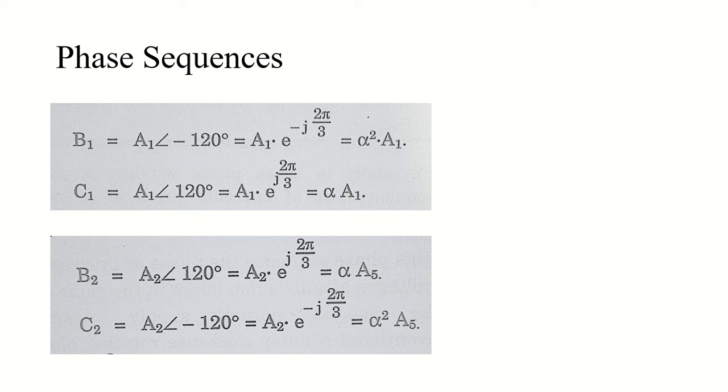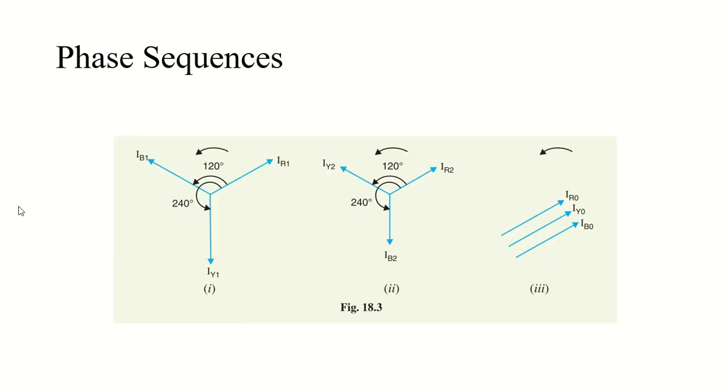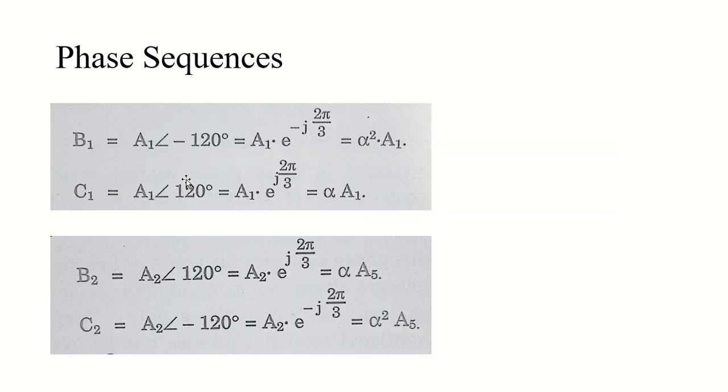Then we have the third component, the C component. It is 120 degrees from A1, as you can see here. We call this one A, this one B, and this one C. So A and C are 120 degrees apart from each other, with the same magnitude. So C1 is equal to A1 angle 120 degrees. In the same way we did for B1, we can write for C1 as well.